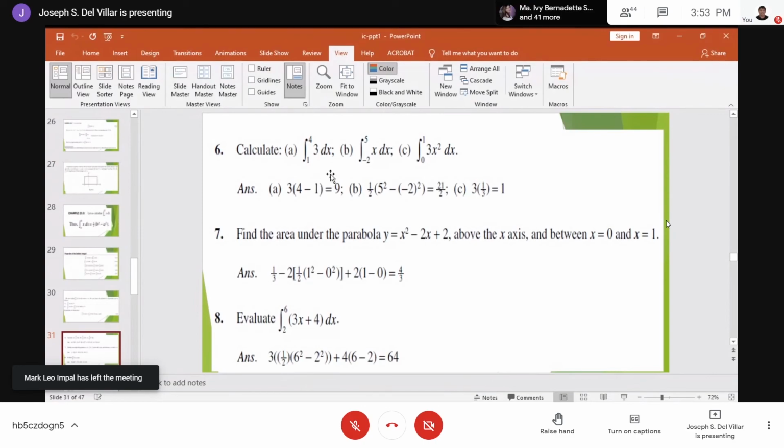Pag sinabing definite, we are going to arrive at a certain number, no? At a certain number or at a certain constant. So makikita nyo dyan, okay, wala na yung plus C. Definite yung mga answer natin. Usually this involves finding the areas, finding the volumes, and then evaluations.